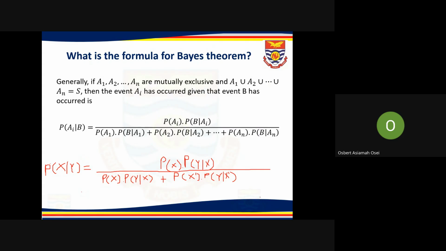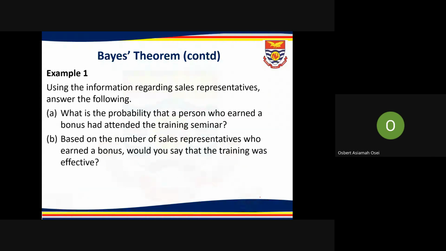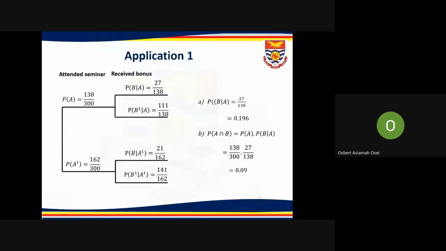So I can effectively say that the formula, we are masters of it. How to code the formula, we are masters of it. So we can continue. You remember we had a question regarding the sales representatives, so let's go back to the slides, page 23.